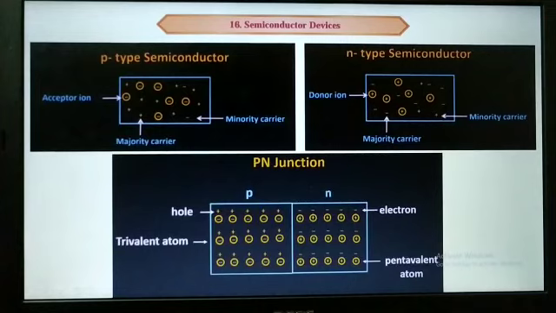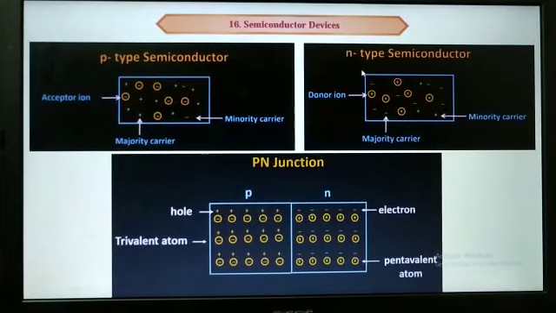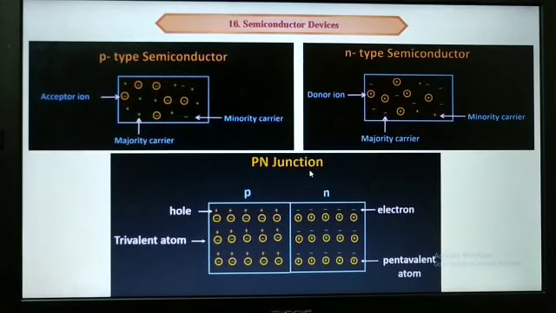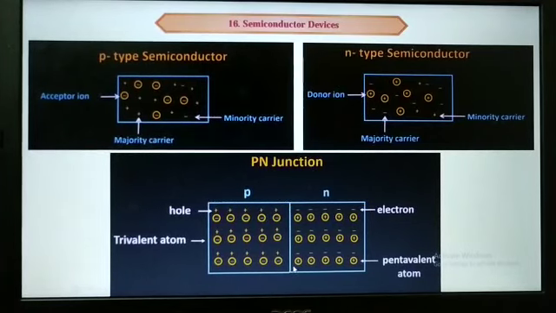We have also studied this p-n junction, right? If you remember, we took a p-type semiconductor and an n-type semiconductor and joined them together, and it formed a p-n junction. By the word junction, you already know that a junction is formed between them. So we'll study this again.